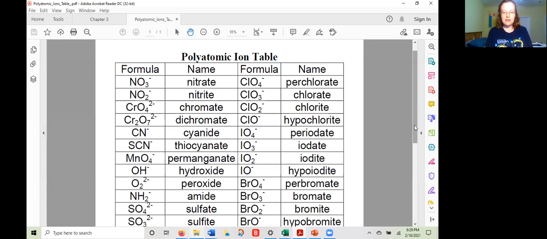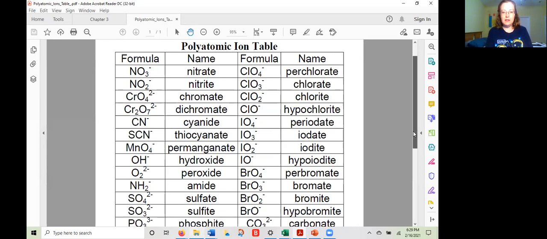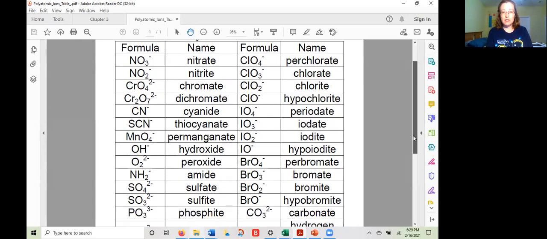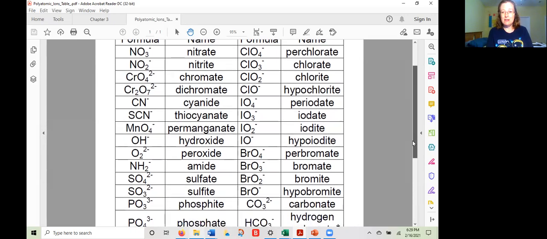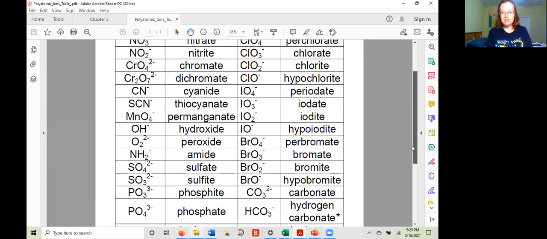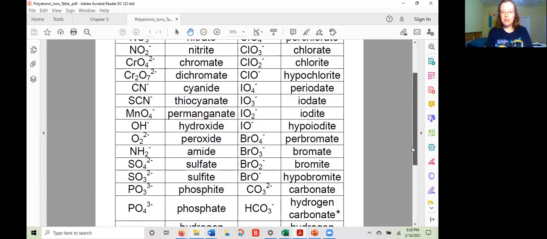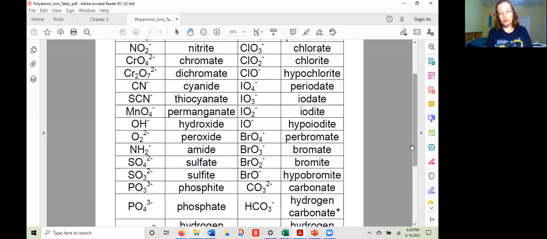And the names change. Some end with ATE, some end with ITE. There's only a couple that end with IDE, well, 3, well, 4, look at that. So a few end with IDE. You'll need to check then. If you see a compound name that ends with sulfide, hopefully you'll recognize that that's just one element, just sulfur.